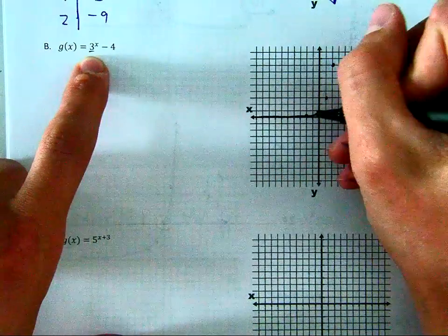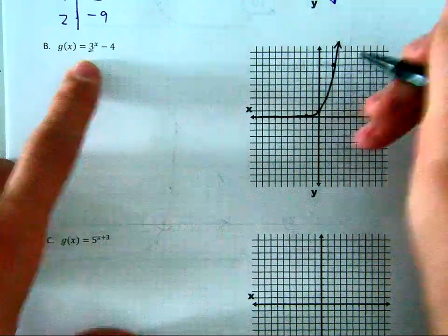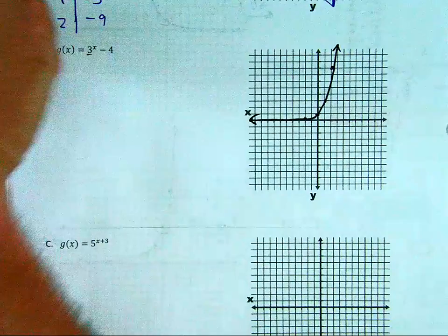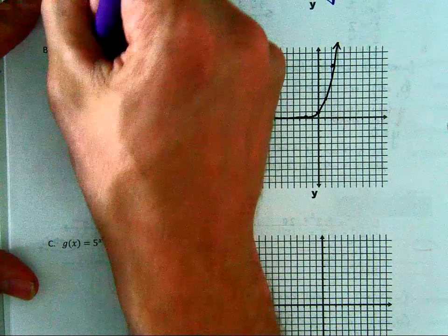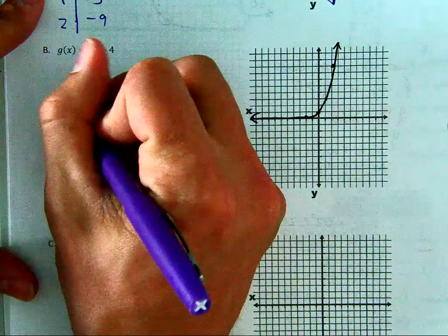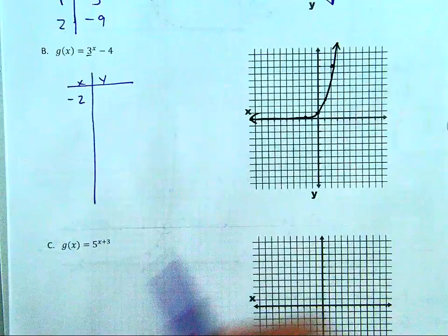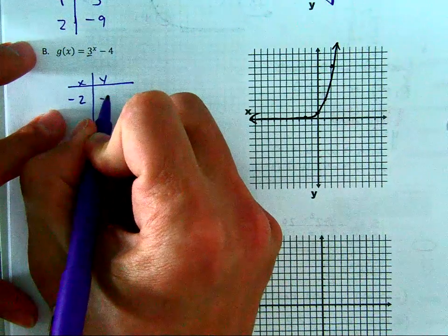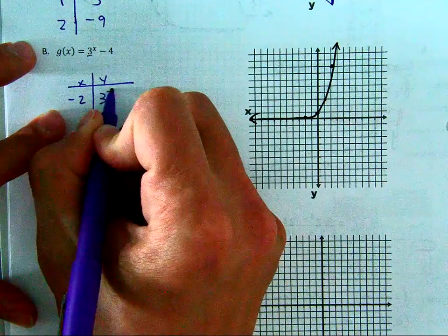All right, so I'm going to make a table of values just for us to get a visual. So at -2, 3 to -2 minus 4. This is going to give me 1/9 minus 4.